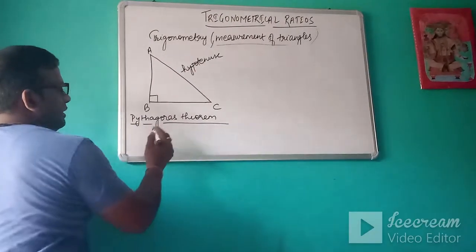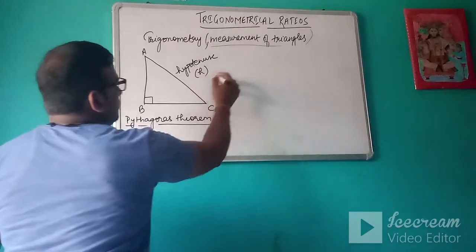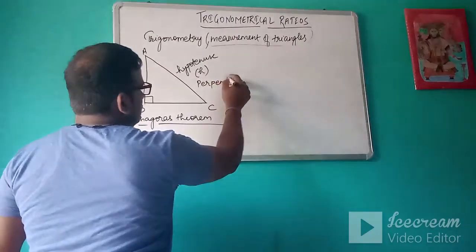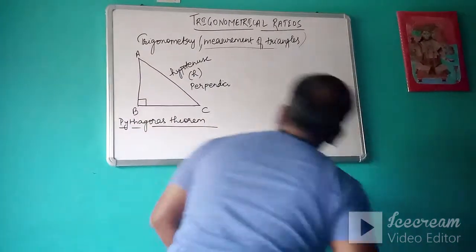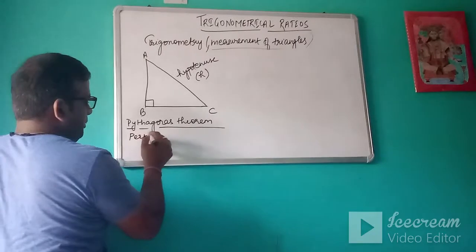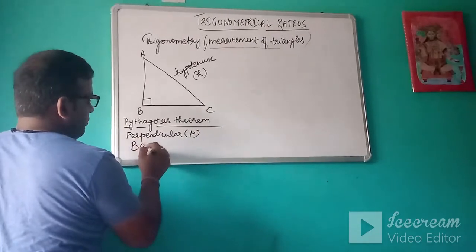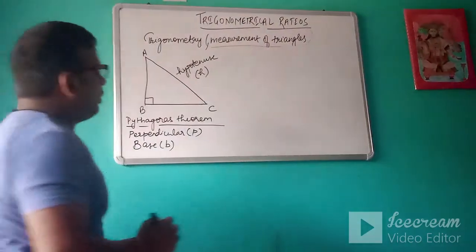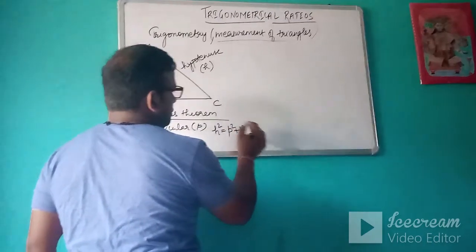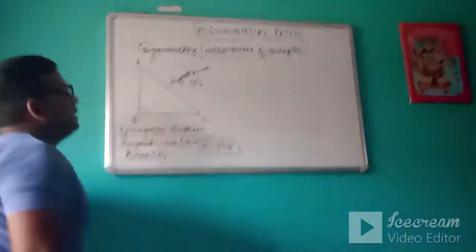Hypotenuse we will denote by small h, perpendicular by small p, and base by small b. According to Pythagoras theorem, h square is equal to p square plus b square. With the help of this we will use the trigonometric ratios.